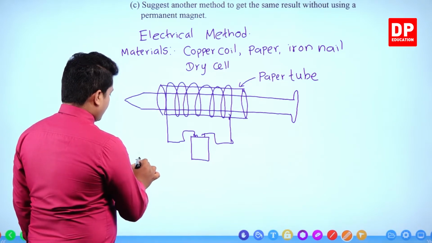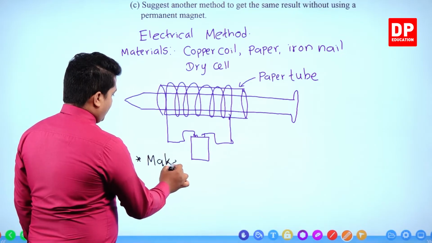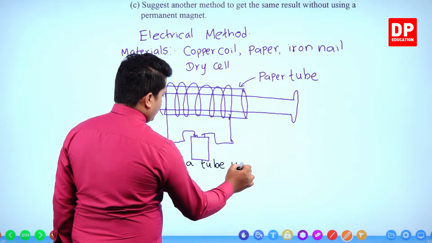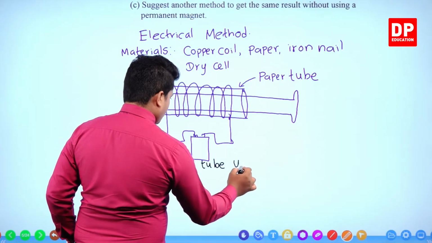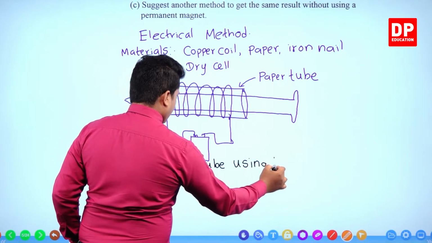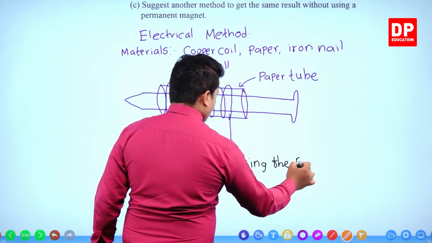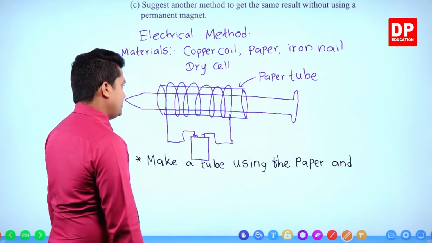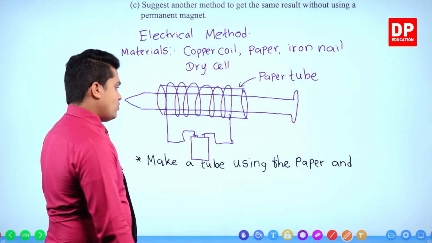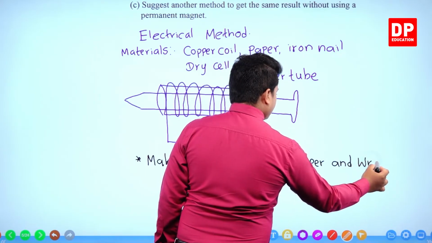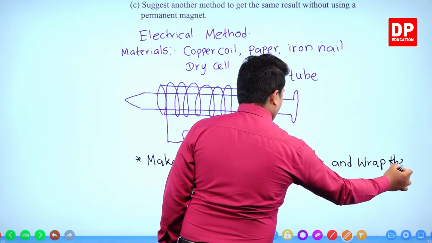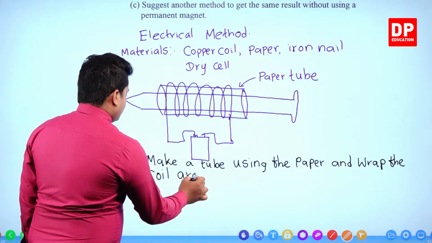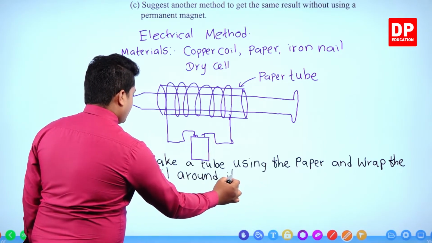So we'll write: make a tube using the paper, and wrap the coil around it.